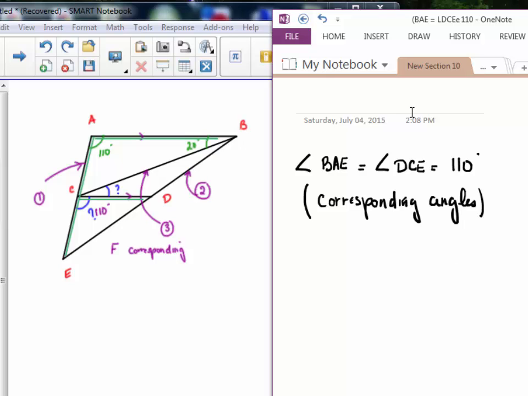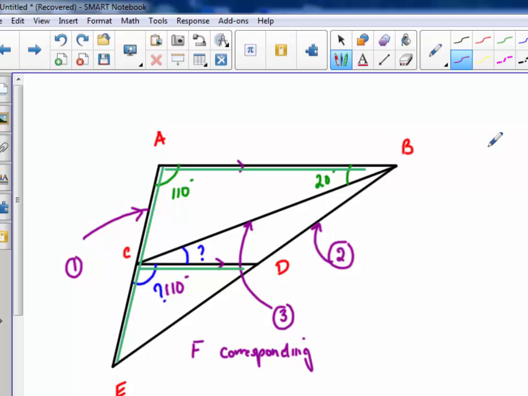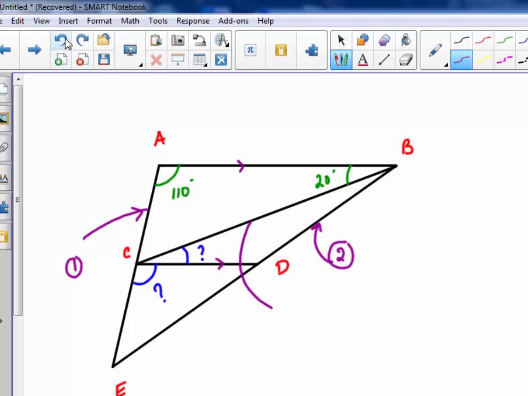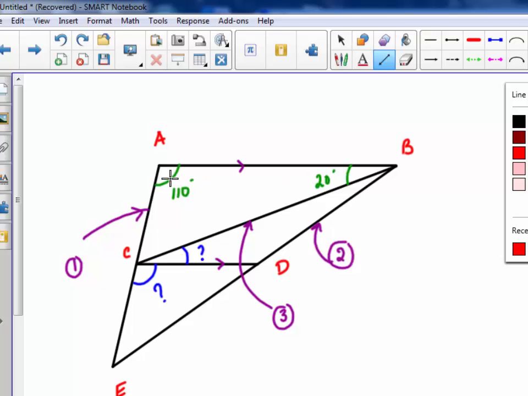Excellent. Now let's go back to the drawing and discover another relation. I have an unknown angle here, BCD. If I look well and if I remove all the green lines that I did, maybe I can discover something else. With green line again, I'm gonna try to draw something to make it easier for myself.